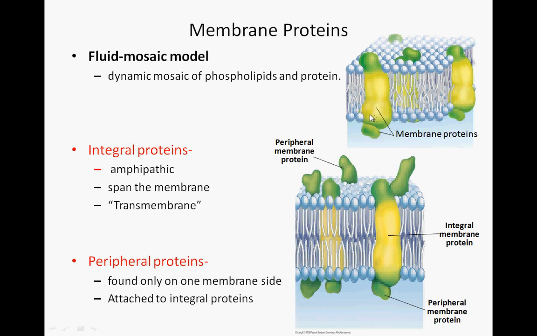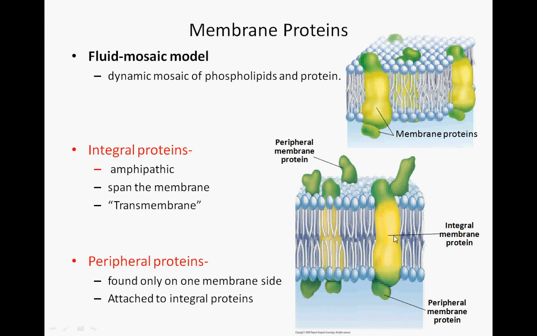At this point I want to describe that there are two different types of membrane proteins. There are integral and there are peripheral. Integral membrane proteins are in and of themselves amphipathic, meaning they have hydrophilic pieces that are going to interact with the outside of the cell and with the heads of the phospholipids, or the inside of the cell for that matter.